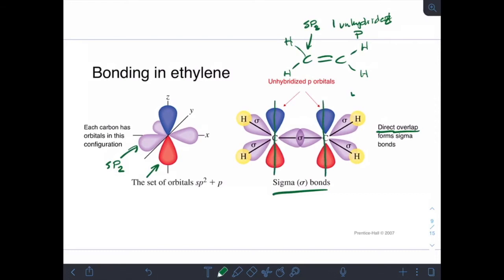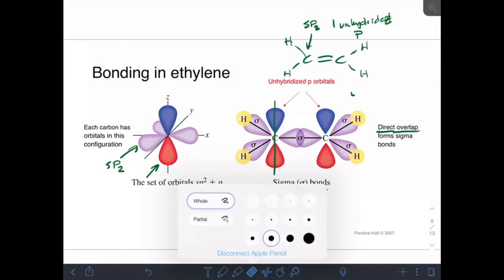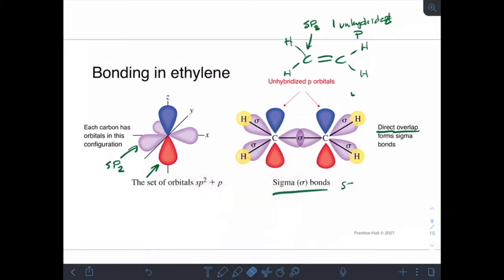And so what you get is an indirect overlap of these p orbitals. When you have that top and bottom, that creates a single pi bond.